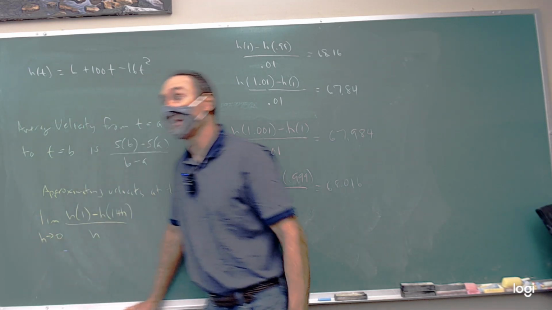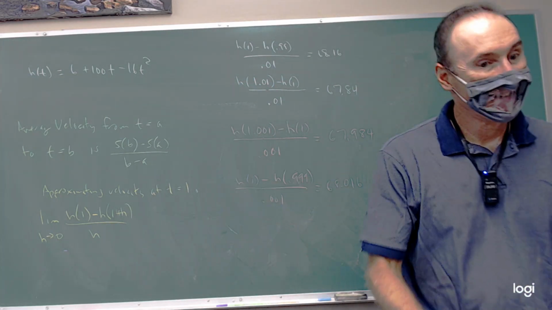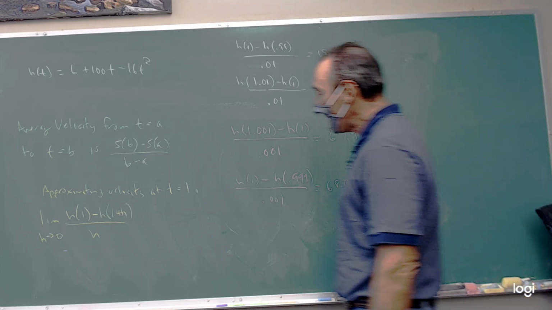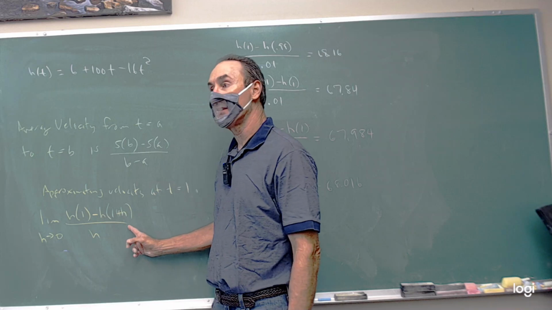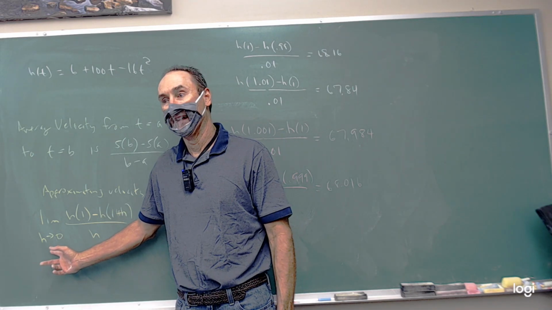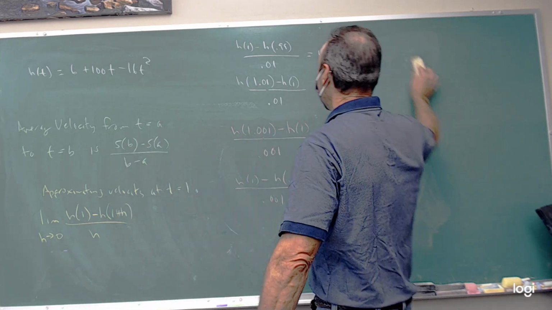You say this h goes to 0. Come on, calculus students, right? Of course. We know how to do that. We did this kind of stuff all the time last year. Now we're just going to add the limit on to it.